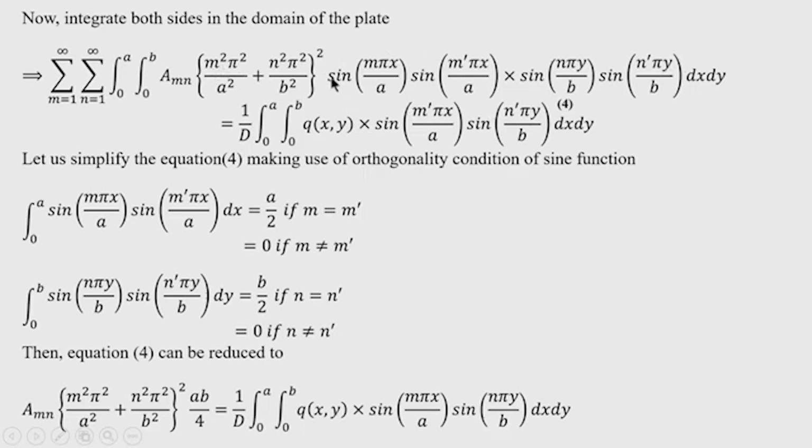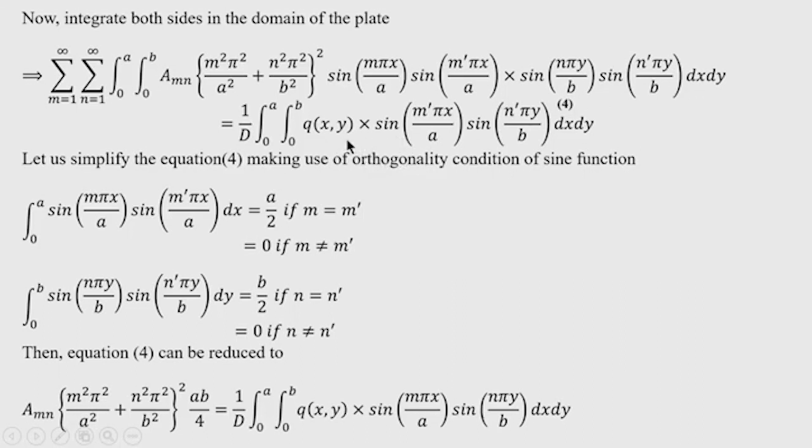We pluck the x terms together and integrate with respect to x. Similarly, we pluck the y terms, that is sin n pi y by b and sin n dash pi y by b, and integrate with respect to y. The right hand side there is no problem, there is no sum.